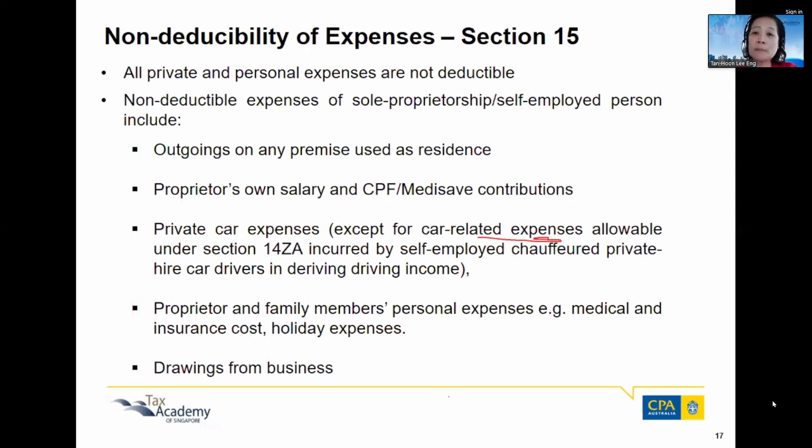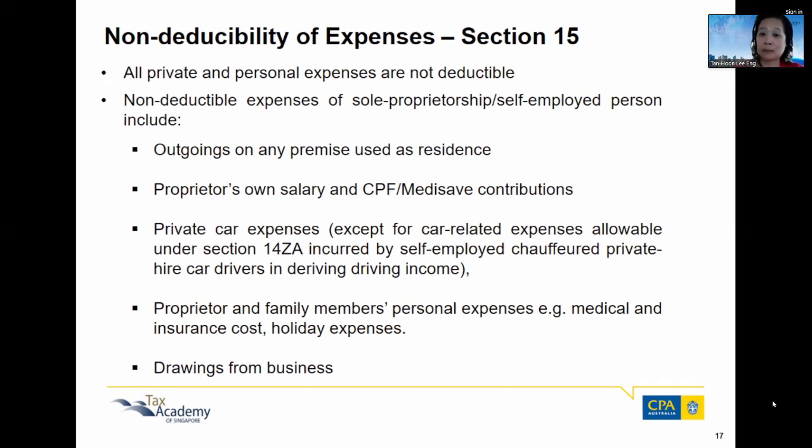By the way, his own salary he cannot deduct, because whatever income he's earning is already his income, so he cannot further deduct his salary as expense. The only deduction for salary is staff salary. If he employed staff, then it's part of business cost already. So the sole proprietor can deduct the staff salary expense, but his own salary cannot.